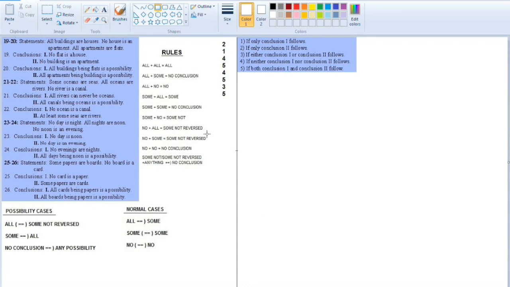Suppose the answer which we are getting is "some A is B," then we can write it as "all A is B is a possibility." Likewise, if we are getting "some A is B," we can write it as "all A being B is a possibility."